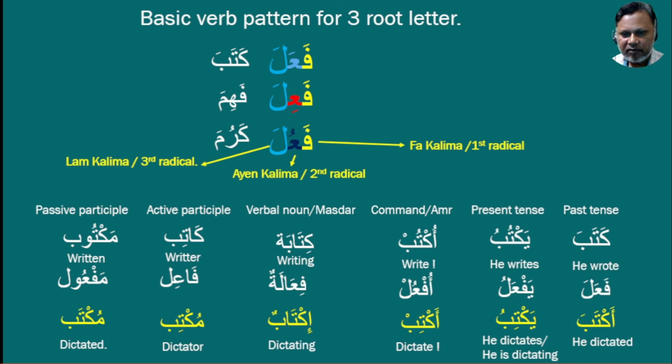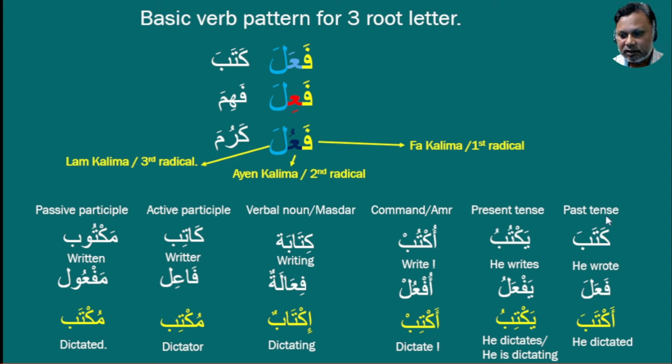Now if we learn any verb under this pattern, we should learn these six things: past tense, present tense, command, verbal noun, active participle and passive participle. Like kataba, the past tense is kataba, present tense is yaktubu, command is uktub, verbal noun is kitaba, active participle is katib, and passive participle is maktub.